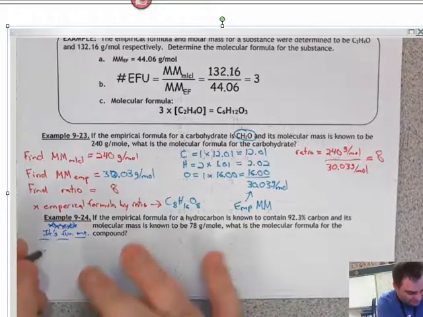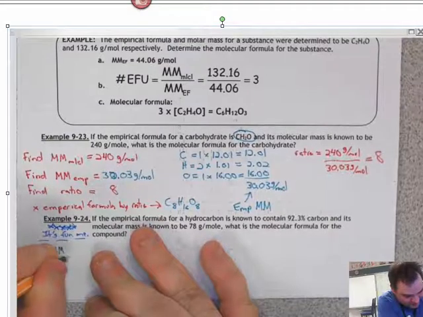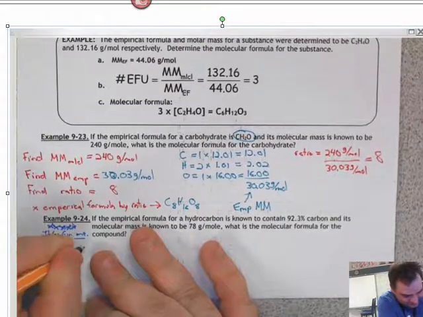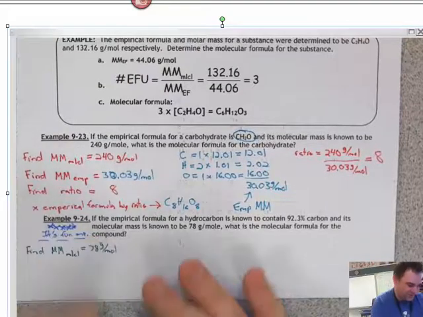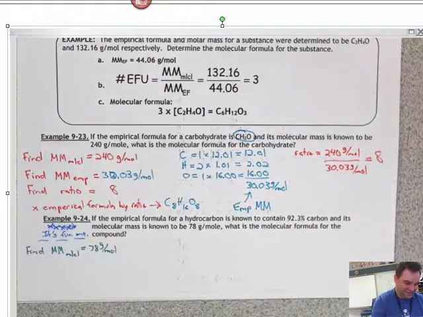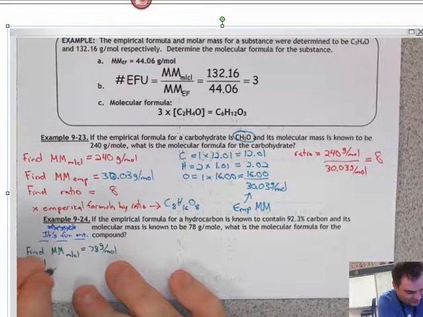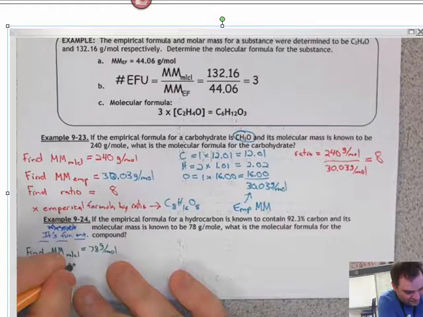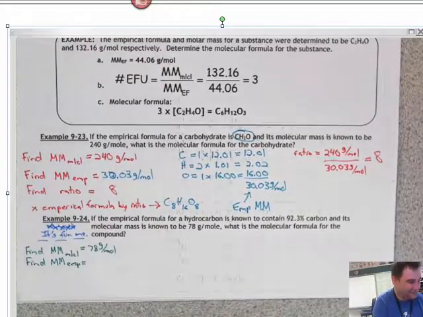So step 1, find molar mass of the molecular formula. That's easy. It's listed: 78 grams per mole. Then we have to find the molar mass of the empirical formula. There's a problem. We don't even know what the empirical formula is.